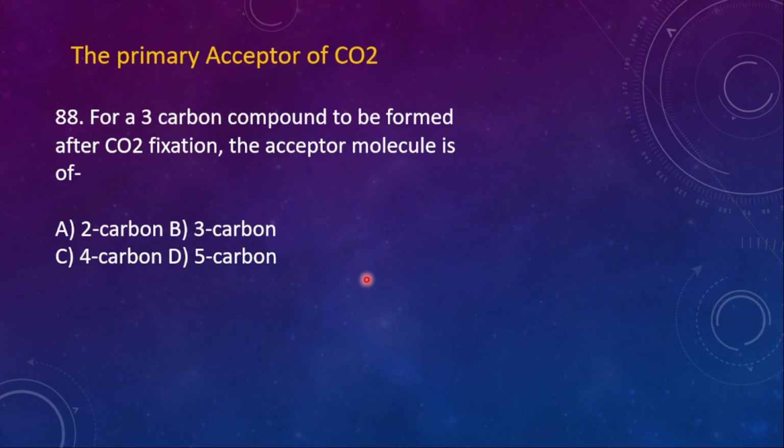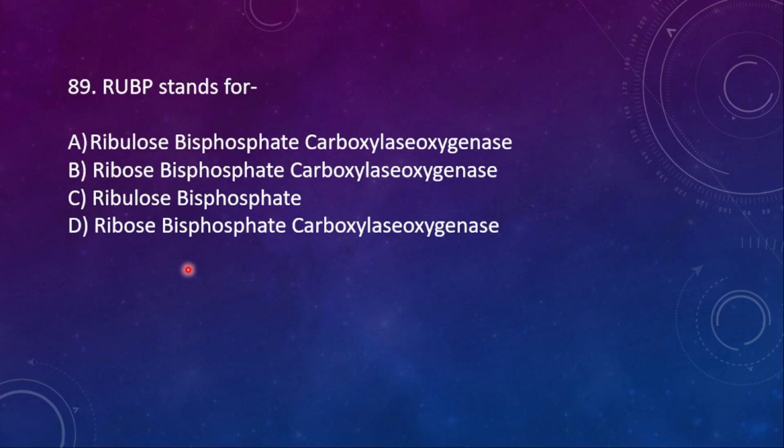The primary acceptor of CO2. 88. For a 3-carbon compound to be formed after the CO2 fixation, the acceptor molecule is of A, 2-carbon, B, 3-carbon, C, 4-carbon, D, 5-carbon. Here the right option is D, 5-carbon, that is RuBP. Next, 89.